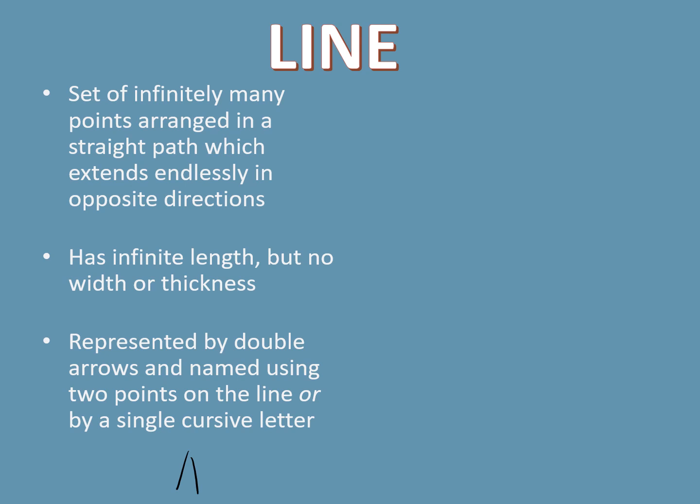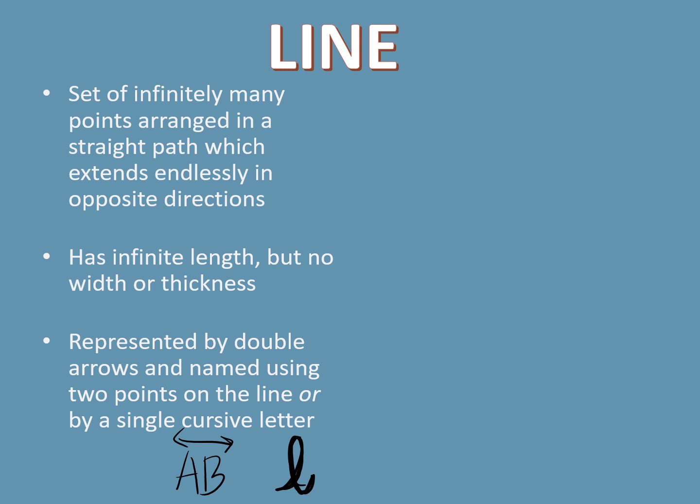You may see them written like AB with a line above it with double-sided arrows, or you could name it just the line, cursive letter L. So that was my attempt at a cursive letter L.